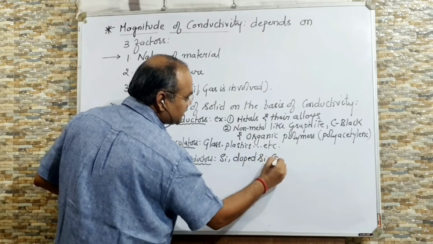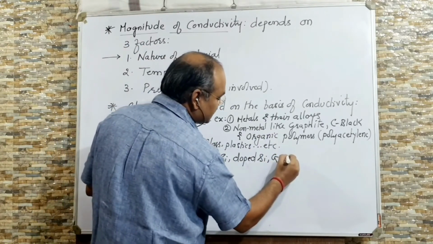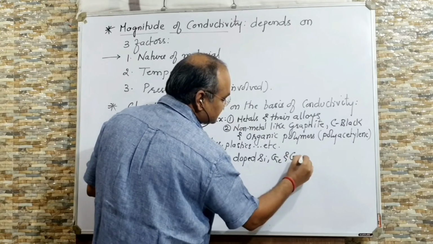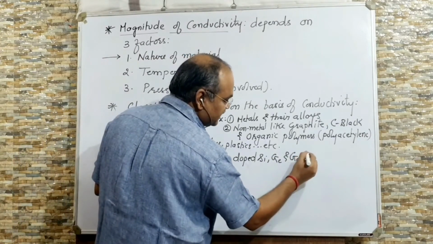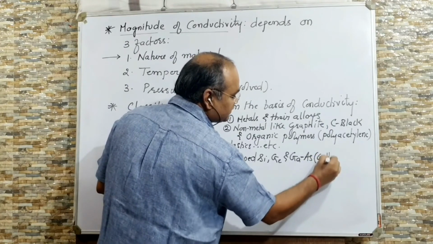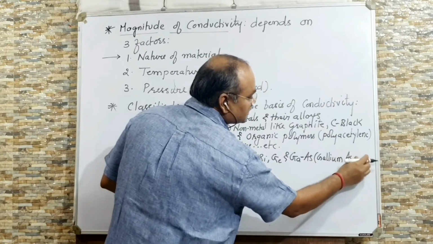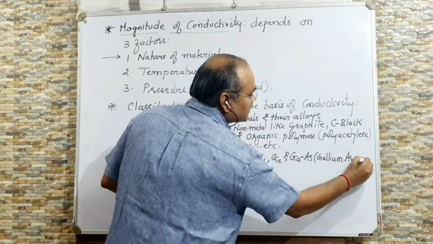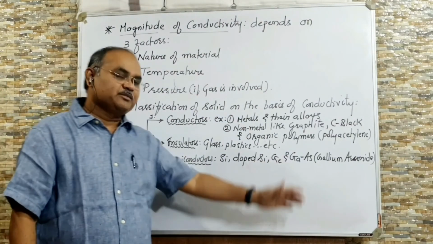Doped silicon, germanium. And most important, so many times I have told you in the lecture, it is GaAs, gallium arsenide. So these are semiconductors.